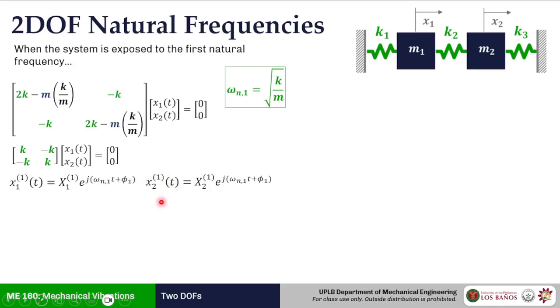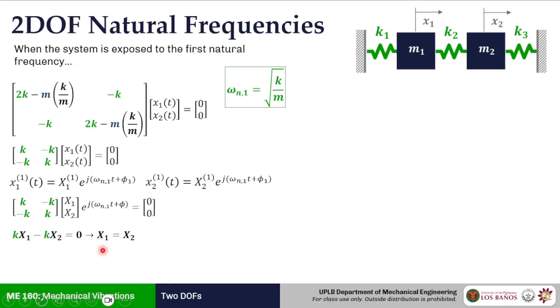So what is the implication of this? Since x1 and x2 are vibrating to omega n1, we can bring out the complex portion of the equation. So this one we can jettison. We can reject this and just focus on this part of the equation. This one we equate to the zero vector, and regardless of which you pick, the first row or the second row, you will always end up with the following relationship.